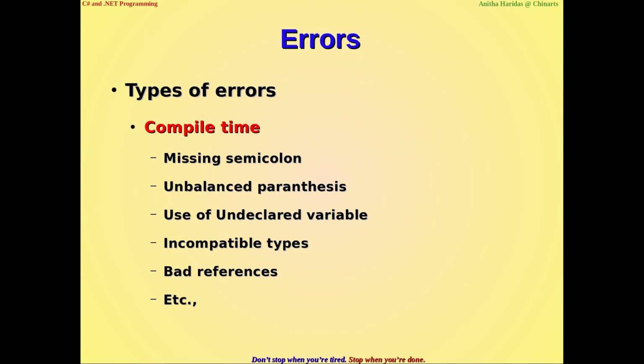If you have any kind of syntax errors like this, that can be identified by the compiler, those kinds of errors are called compile time errors, the errors which can be identified by a compiler.